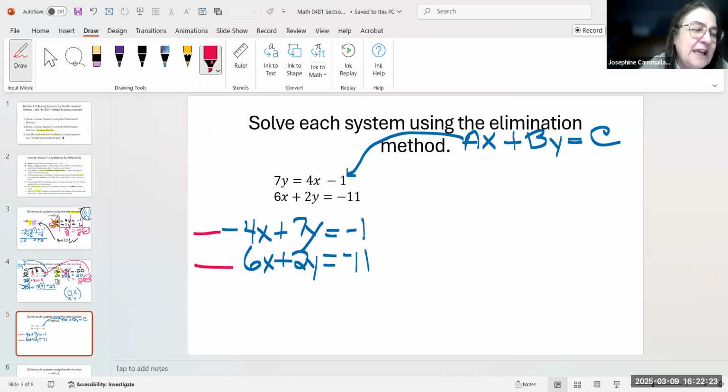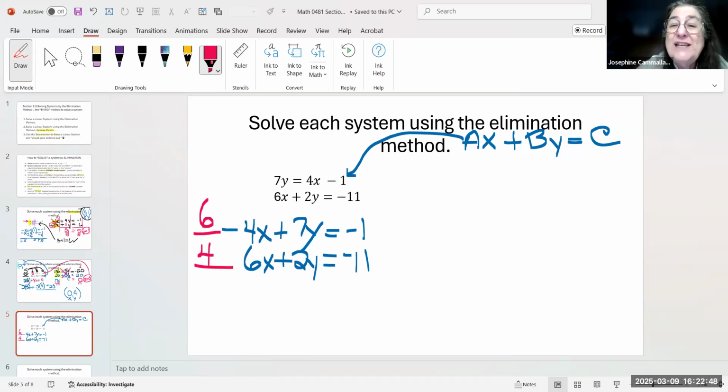Well, this time we're looking at the x's. Now, if you look at the x's, one is negative, one is positive. So therefore, this is what I'm going to do. I'm going to put a 6 up here and a 4 down here. The reason is I have a negative and a positive term.